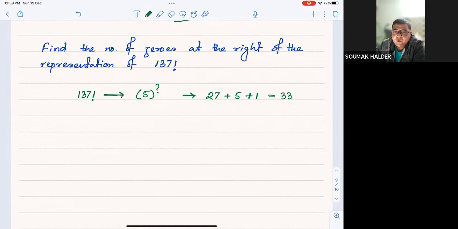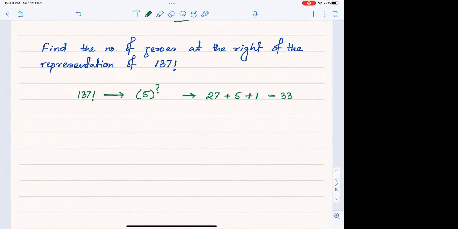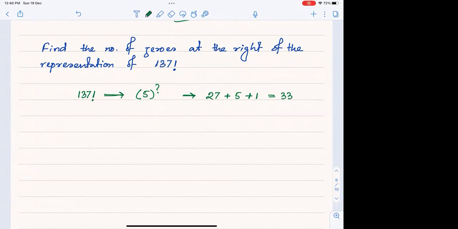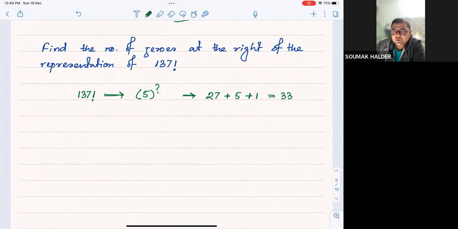Now, do you think the power of 2 will be less than the power of 5? No, sir. Is it only because of 137, or is it always supposed to happen in any n factorial? Sir, any n factorial. Just now we concluded that if we think of two distinct primes, the smaller prime will either have more power or equal power.